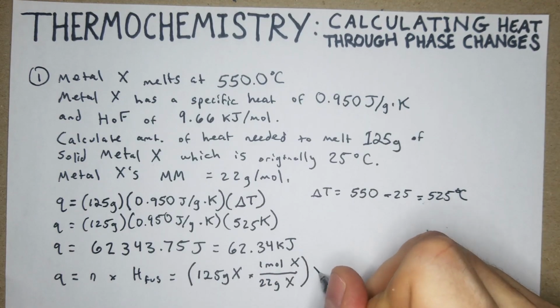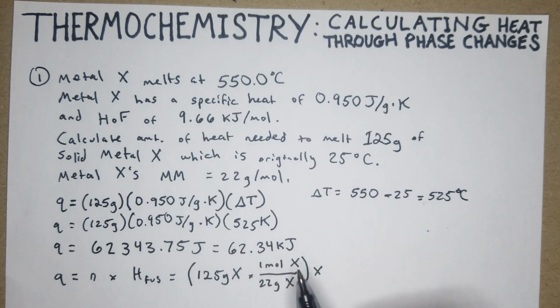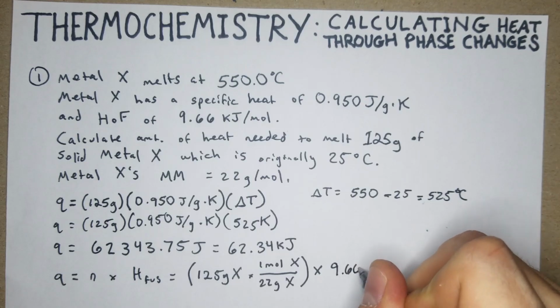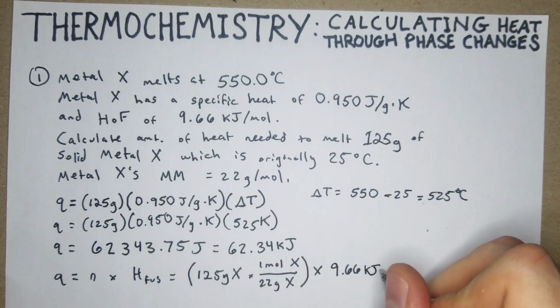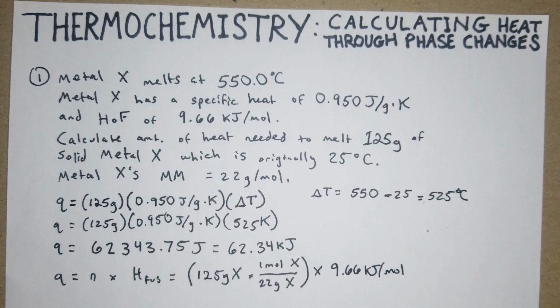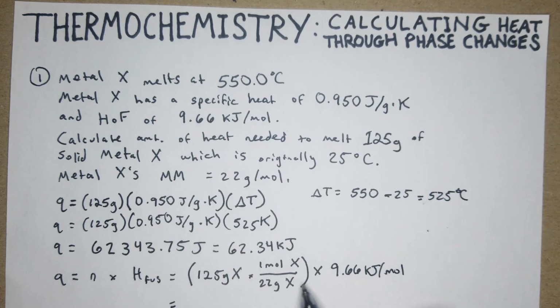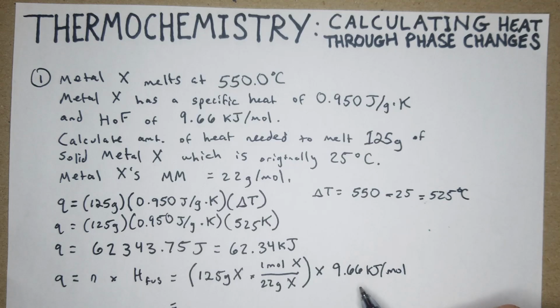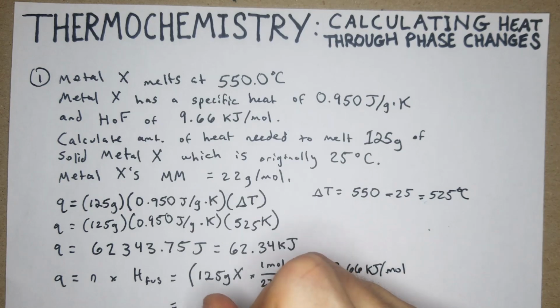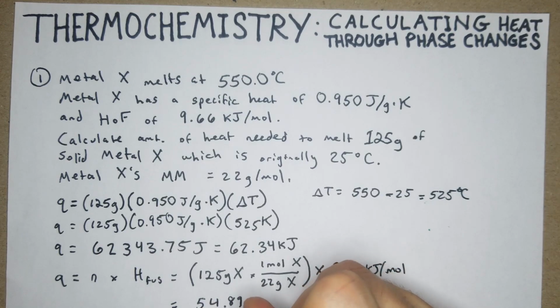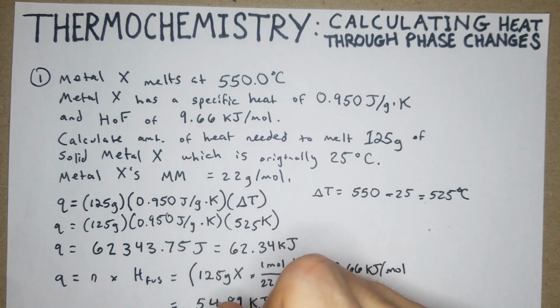Now we're going to multiply this by our heat of fusion, which is 9.66 kilojoules per mole. So let's see how this works out here. 125 times 1 times 9.66 divided by 22. And we're going to get 54.89 kilojoules.